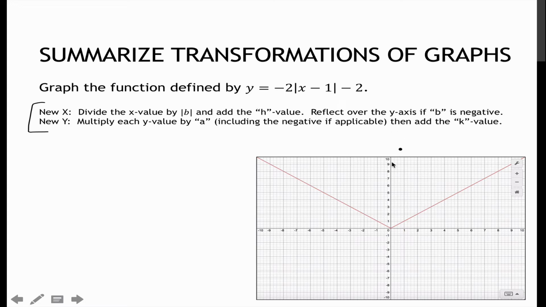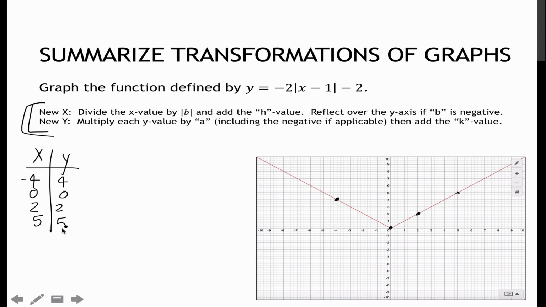So that could be kind of tricky to do all of that without actually having this. So that's why I'm going to essentially just write down a couple of points that actually occur on the graph. So I'm going to choose (-4, 4), (0, 0), (2, 2), and (5, 5).